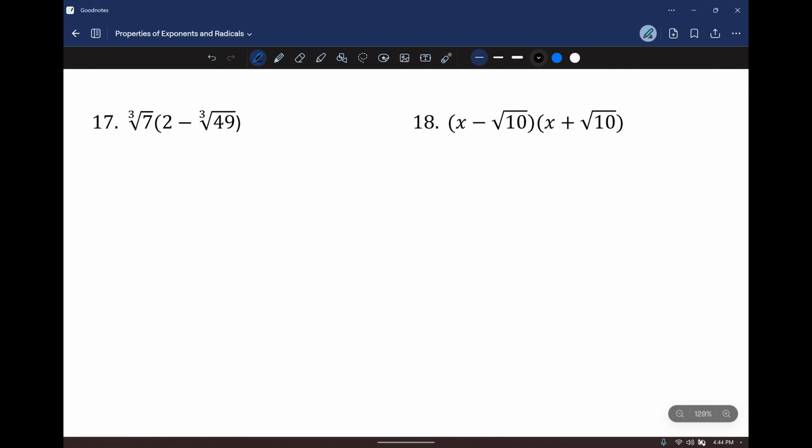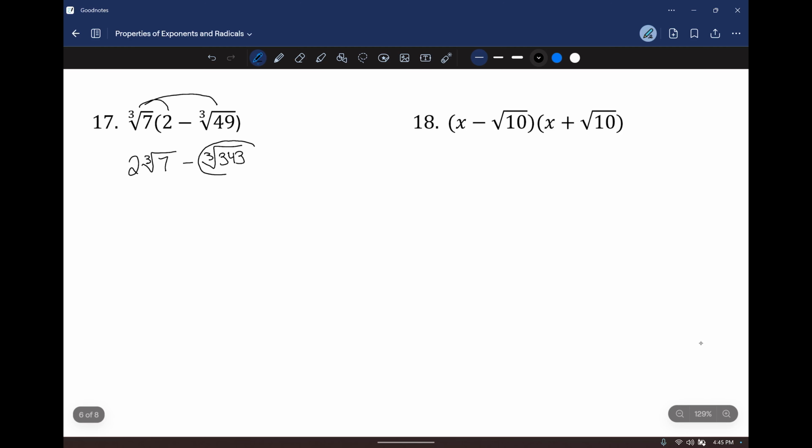Now let's talk about multiplying. So I can multiply roots and multiply what's underneath them as long as they are the same root number. So I have the cubed root of 7 times 2 is 2 cubed roots of 7. The cubed root of 7 times a negative cube root of 49 is a negative cubed root of 343.